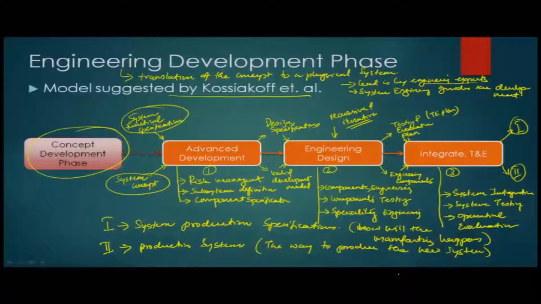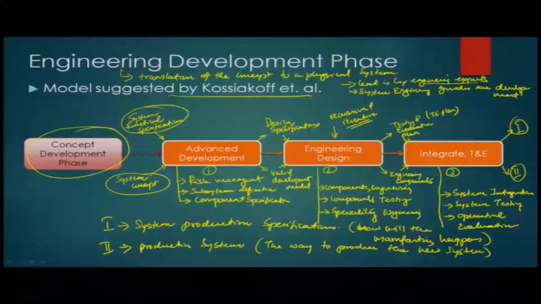So as I said earlier, the concept development phase gives two outputs, which become input to the engineering development phase, where systems engineering approaches are iteratively and recursively applied to design components, engineer the components, then test the components, ensure that the components meet the functional requirements of the system, and also do specialty engineering. And after that, the engineered components become the input along with the testing and evaluation plan, where the system gets integrated.